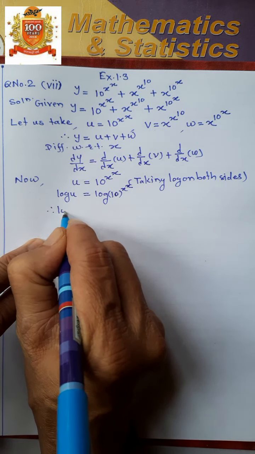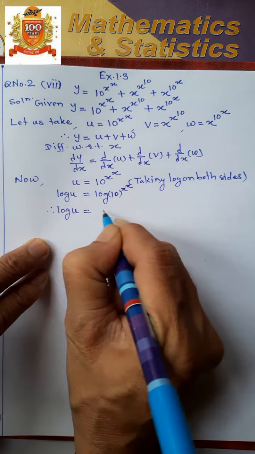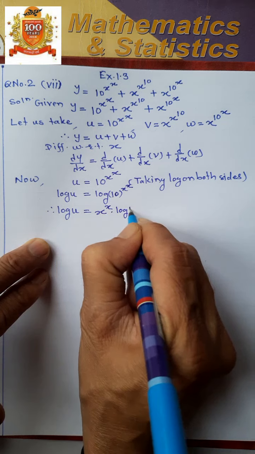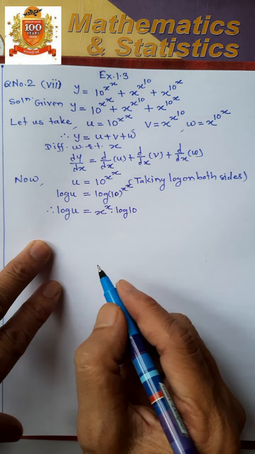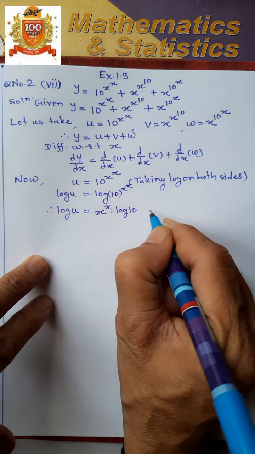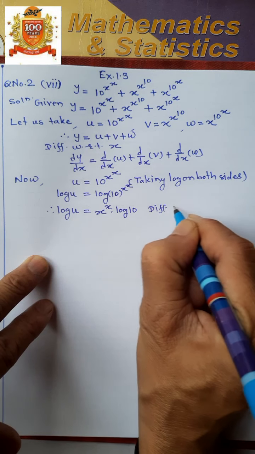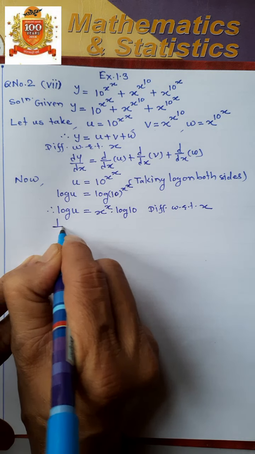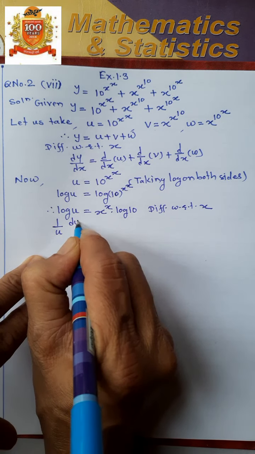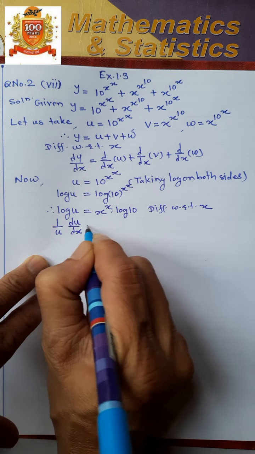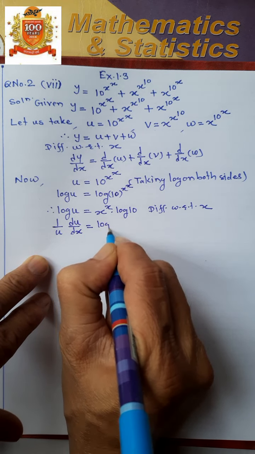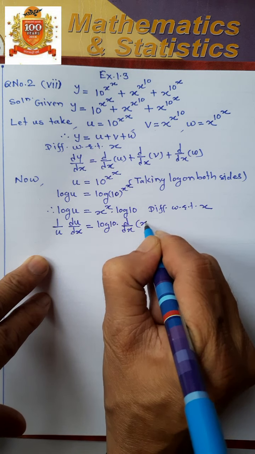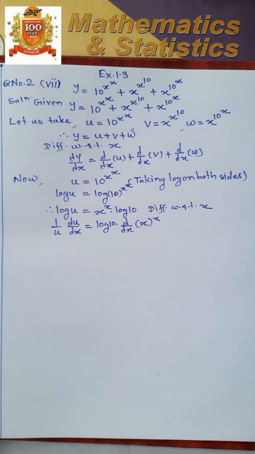Therefore, log u is equal to x raised to power x into log of 10. Differentiating with respect to x, we get 1 upon u du by dx is equal to log of 10 constant into d/dx of x raised to power x.